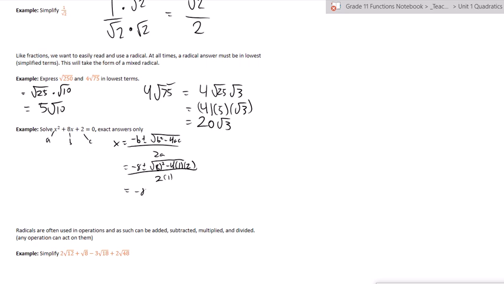That gives us negative 8 plus or minus the square root of 64 minus 8, all over 2. That's going to give us negative 8 plus or minus the root of 56. And that's where the radicals come into play. We cannot square root 56 because it's not a perfect square. However, we can get two values out of this.